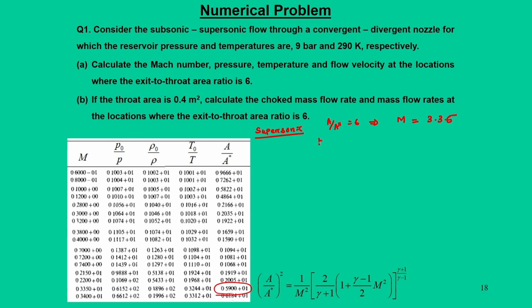So, in that way we can calculate P naught by P would be 61.5, we can get it from here, and T naught by T is 3.244.